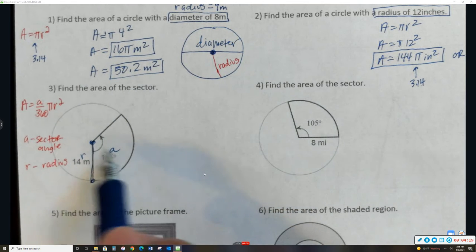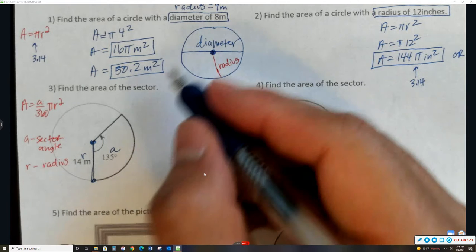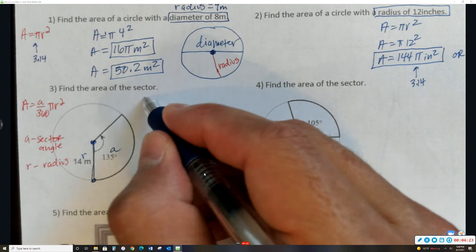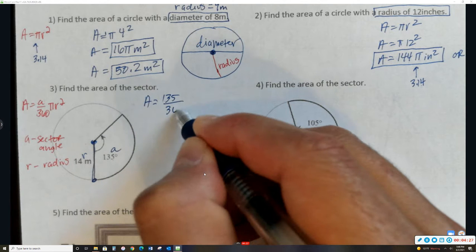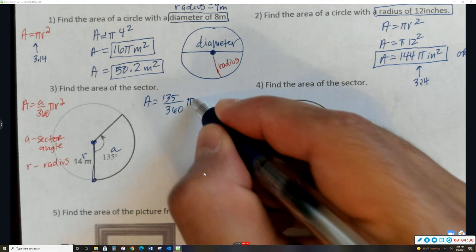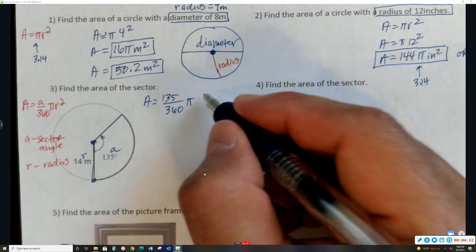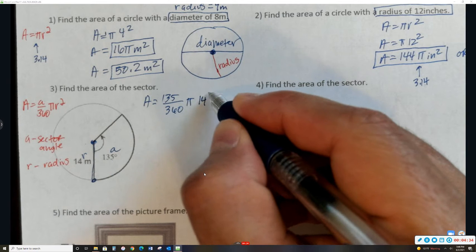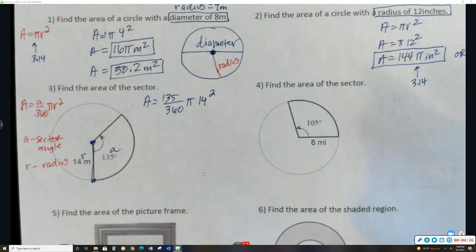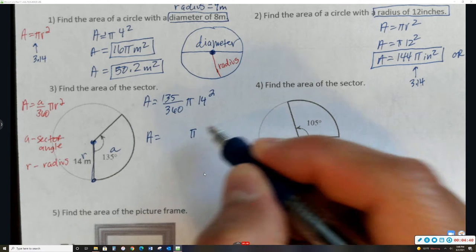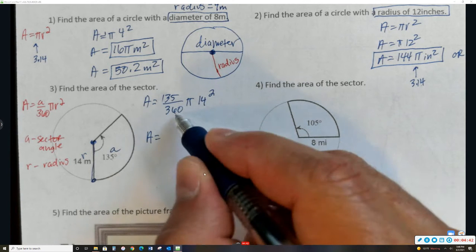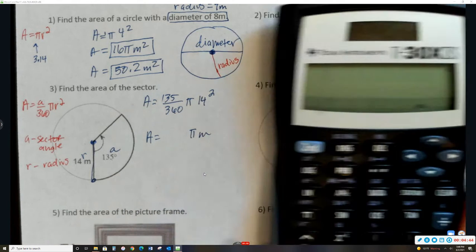So I'm going to take these values and plug it into my formula. A is 135, over 360 times pi, R is 14 squared. Now again, if you want the answer with pi, all you have to do is type in the number part into the calculator.